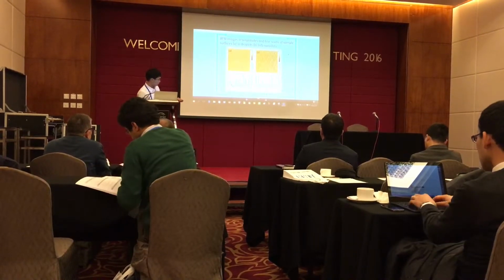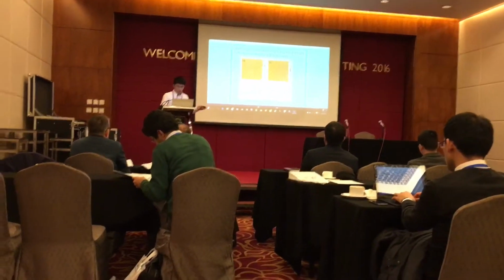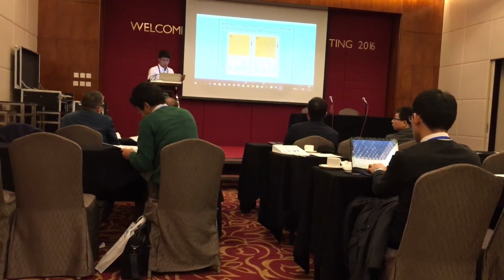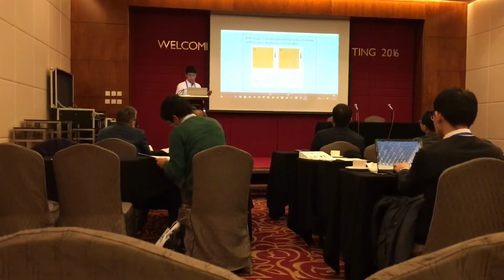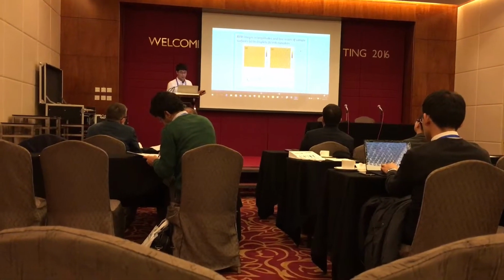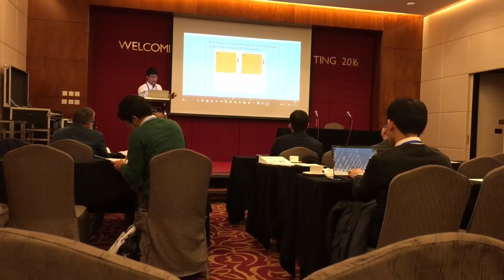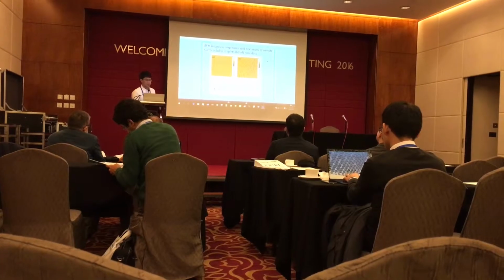And here is the root mean square value. It implies the surface roughness and the height will increase after we do the nitridation process.